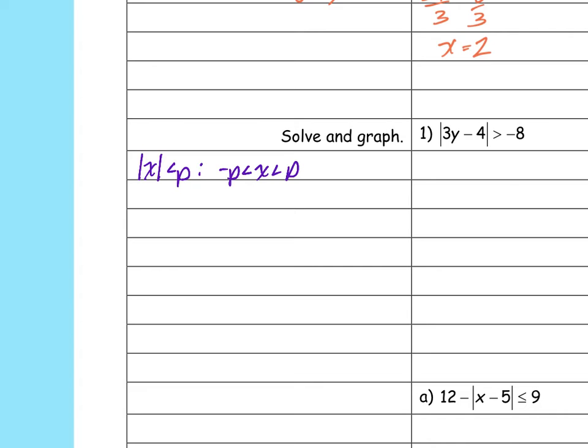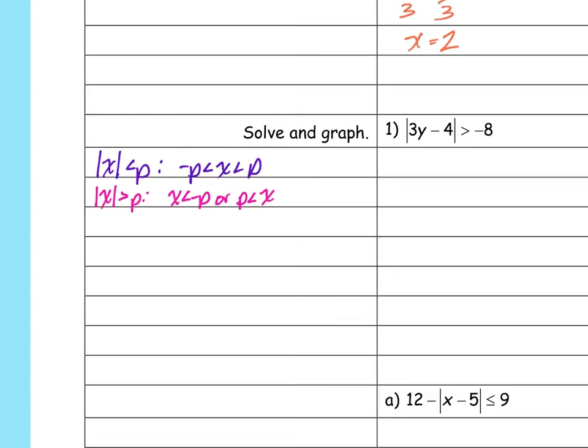If I have the absolute value of x is greater than p, then I'm going to solve x is less than negative p, or p is less than x. So I have two separate equations to solve no matter what. This was in the definitions that we wrote down for inequalities. And it doesn't matter if it's less than or equal to, they're the same rules. Just when I graph it, it's an open dot or a solid dot.